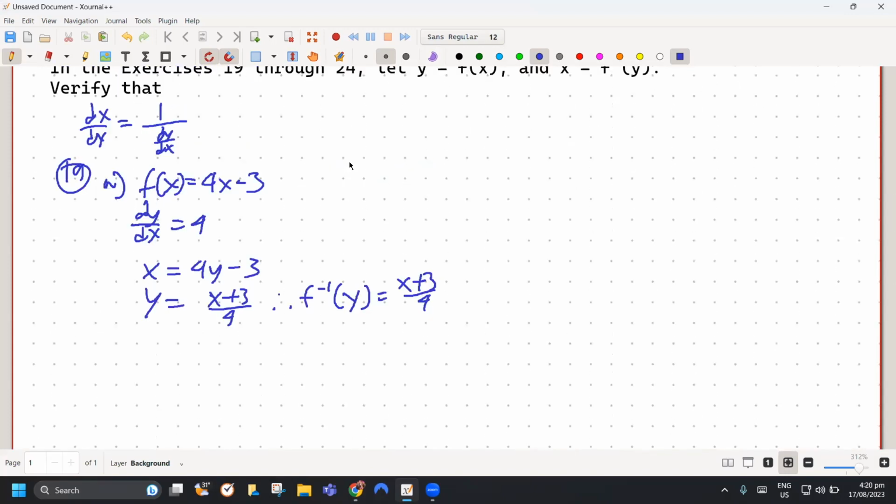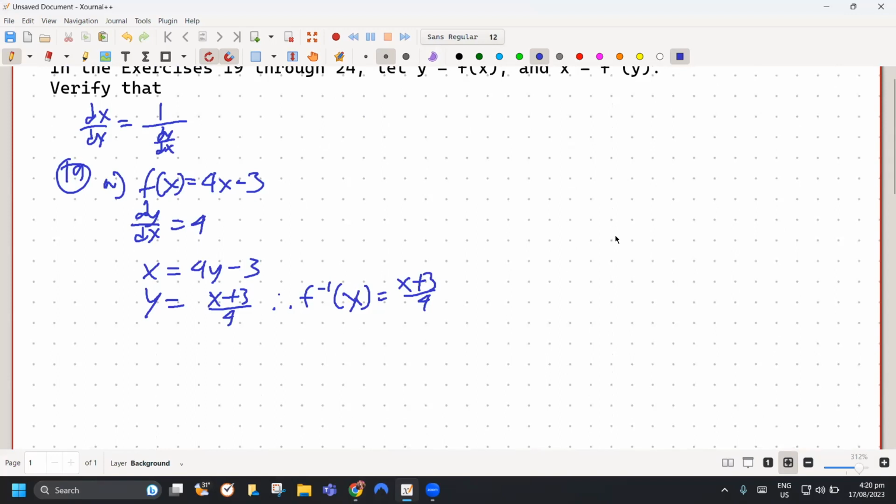Pag ginawa natin x equals 4y minus 3, and you solve for y, that's f inverse of x. So f inverse of x is equal to x plus 3 over 4.